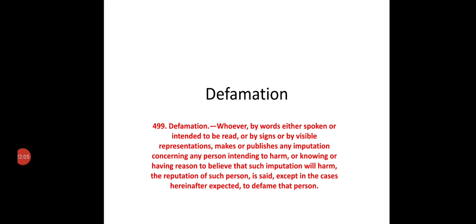The word imputation is used in Section 499. The imputation should have been made by words either spoken or intended to be read, by signs or by visible representation. In India, a person can be defamed not only by writing but by spoken words also. Here, at this point, Indian law of defamation differs from English law.